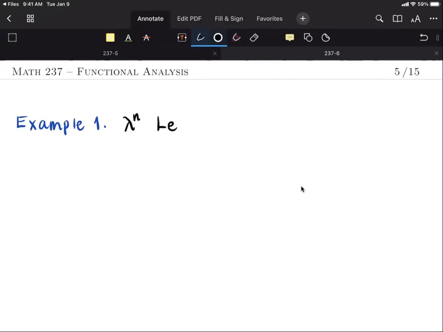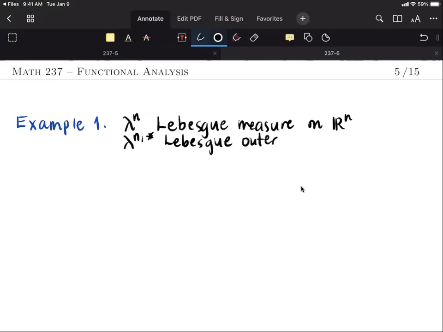The Lebesgue measure in R^n will be denoted by lambda_n, and the corresponding outer measure will be denoted by lambda_n with a star. So this is the Lebesgue outer measure on R^n.